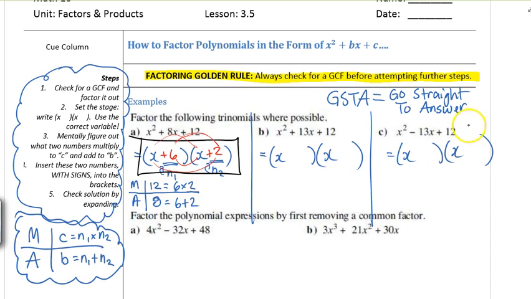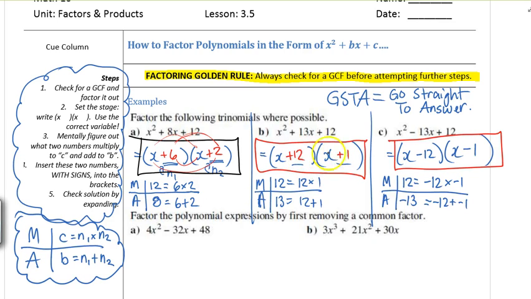So we want to go straight to answer. The way we go straight to answer is we're going to complete the multiply to add to table: what multiplies to the last term and adds to the middle term. Okay, so you fill out this table, put your answers in to your two spots, and let's see how you do. Good luck.